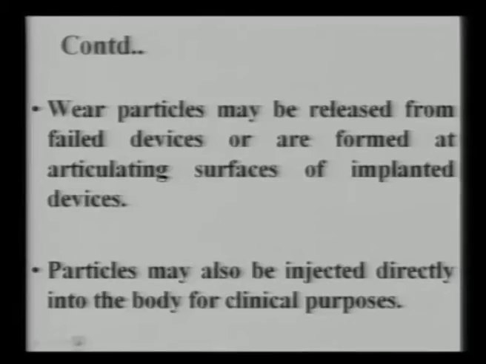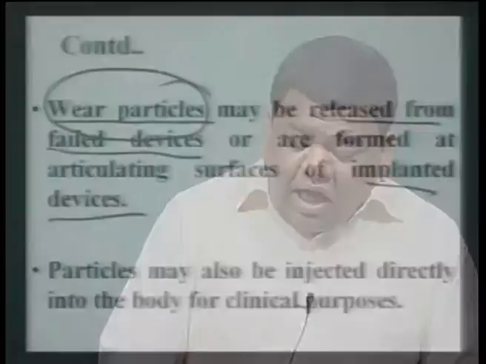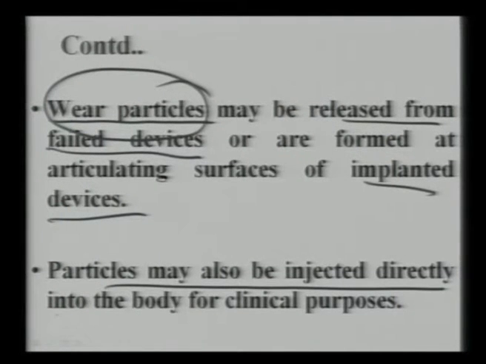So the wear particles may be released from the failed devices and are formed at the articulating surface of the implanted devices, and these wear particles are typically micron sized particles or can be nano sized particles. Finer the particles, more is the toxicity effect. So if the particles are nano sized, then it will have more toxicity compared to the particles which are in the micron size. And the particles may also be injected directly into the body for clinical purposes.